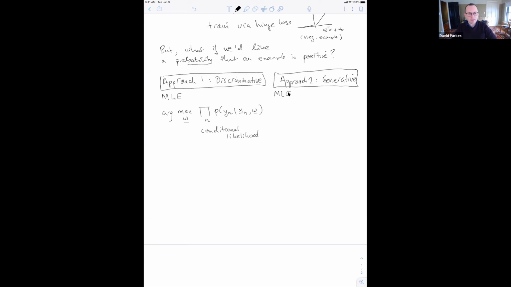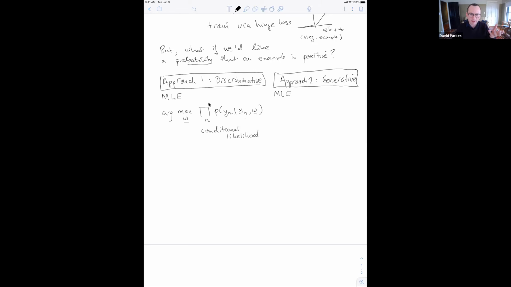So what did I write down? I said, think about providing a probabilistic model for how the label of example N is conditioned on the features of example N. And W here will be the parameters of the probabilistic model.